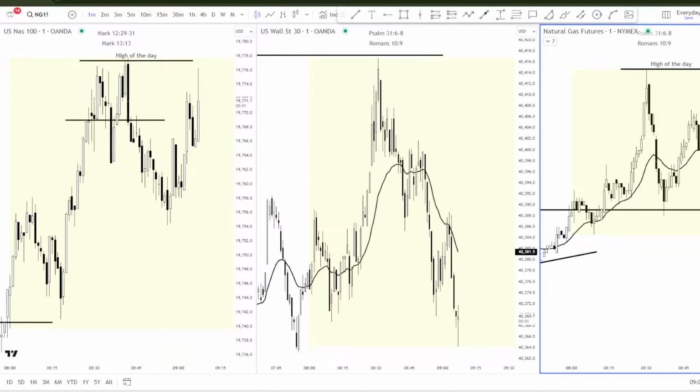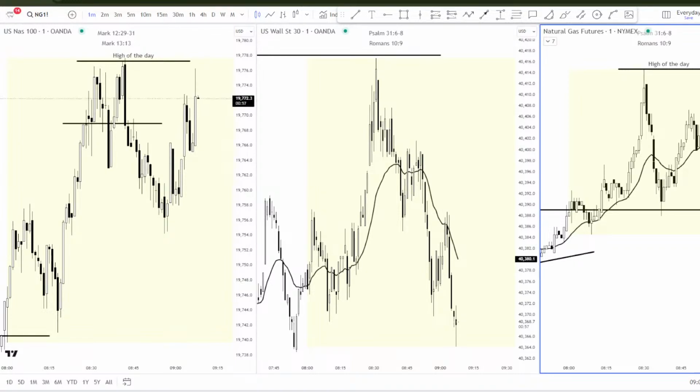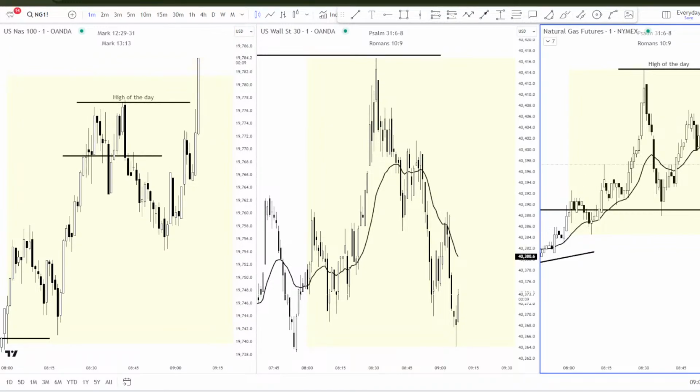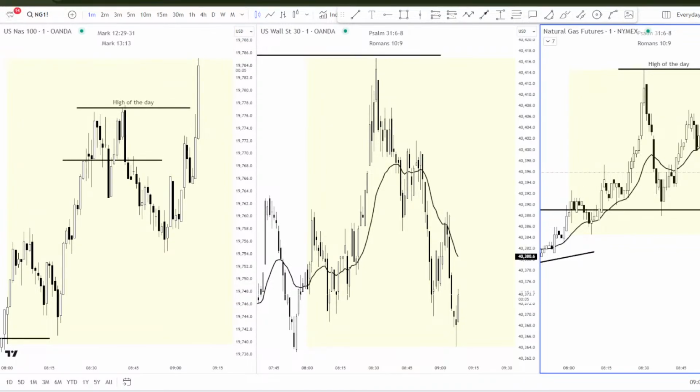Very nice. All right, we're getting some good volatility, good stuff. Back to the high of the day on NASDAQ.